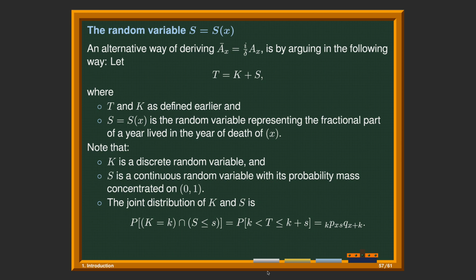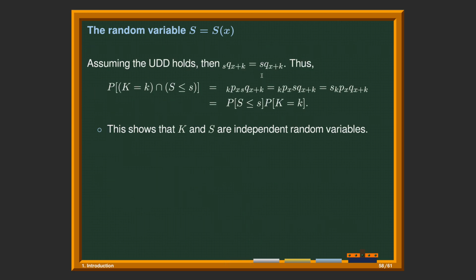Okay? And then we note that x plus k is an integer, and so s is also fractional, and assuming UDD, we know that s times qx+k is s times qx+k. So our joint PDF could be written this way or written this way. But this s actually is the CDF of the random variable capital S evaluated at small s, right?